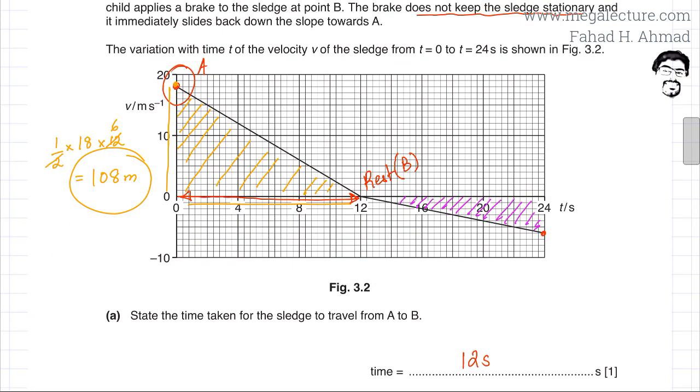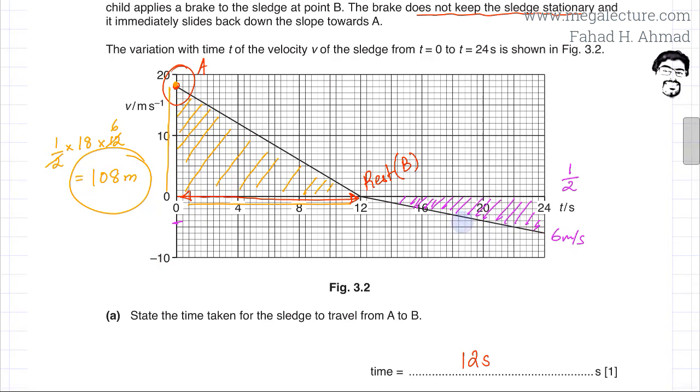So again, it's going to be the area in this triangular region. So it's going to be half into, we need to find what this negative velocity is as it is moving down the hill at 24 seconds. And this negative velocity at 24 seconds would be approximately 6 meters per second.